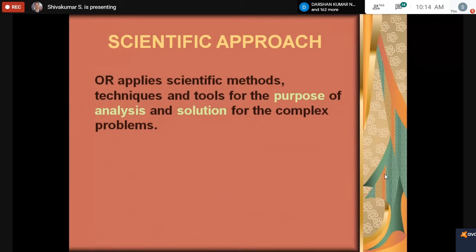Second feature of OR, scientific approach. OR applies scientific methods, techniques, and tools for the purpose of analysis and solution of complex problems. Whatever method you are going to use, whether LPP, that is the linear programming problem, transportation, sequencing, PERT, CPM or game theory, each method uses a scientific approach only.